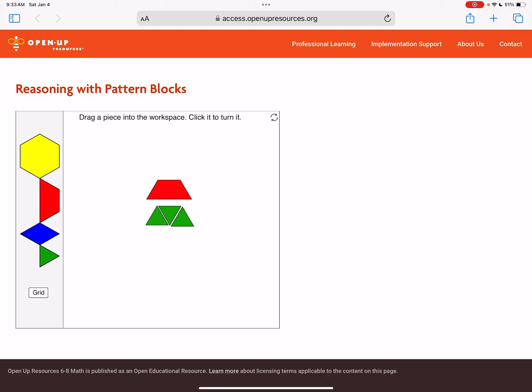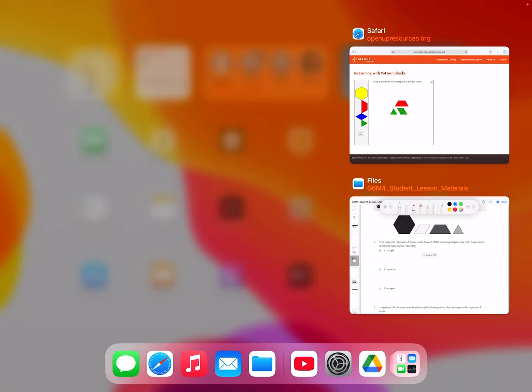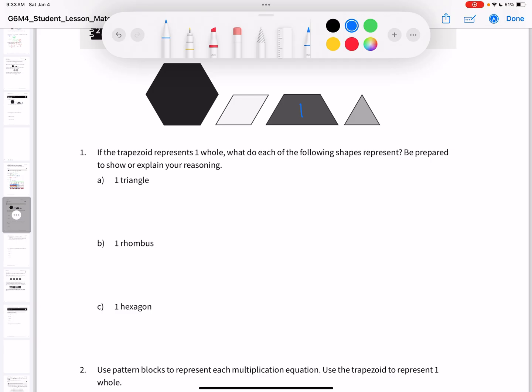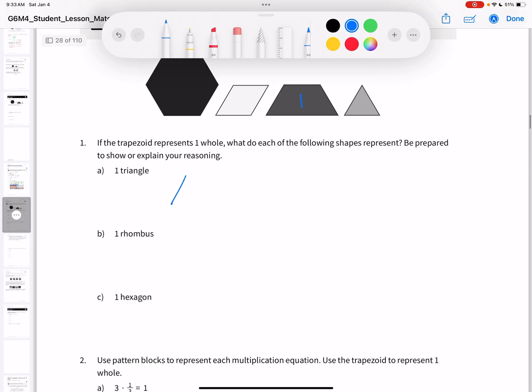It does not want to cooperate for me today. 3 triangles cover one trapezoid. So one triangle would be 1 out of 3. So if we go here, we have our trapezoid, and then we have 3 triangles, and each one is 1 out of 3. So one triangle would equal 1/3 of the whole.